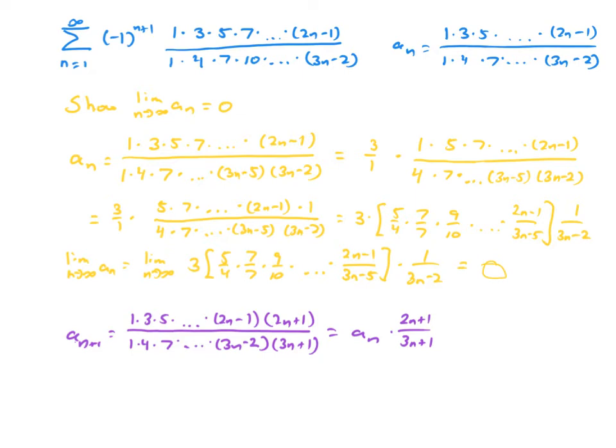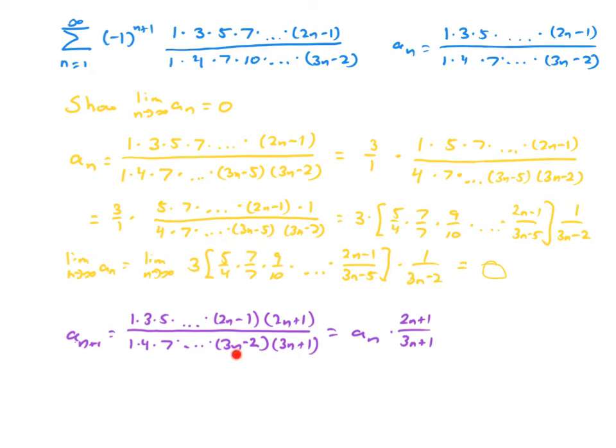Well, in this situation here, a sub n plus 1, here's a sub n, and then a sub n plus 1 is going to add on these 2 factors here. That factor in the numerator, that factor in the denominator. Because remember, we're putting n plus 1 in for n, so 2 times n plus 1 minus 1 will be 2n plus 2 minus 1. That's what gives us this. And the same idea here.